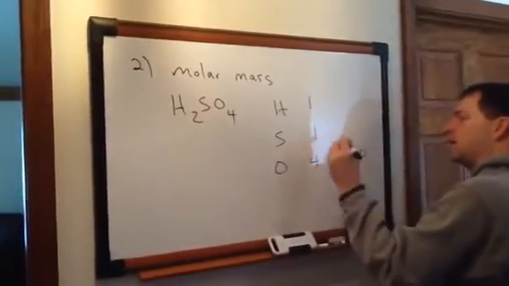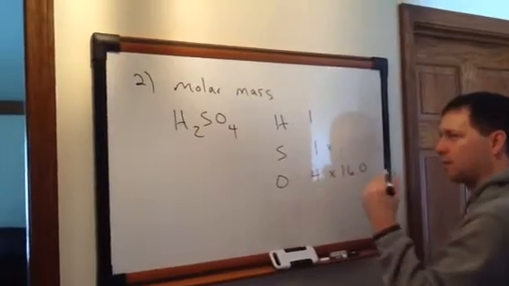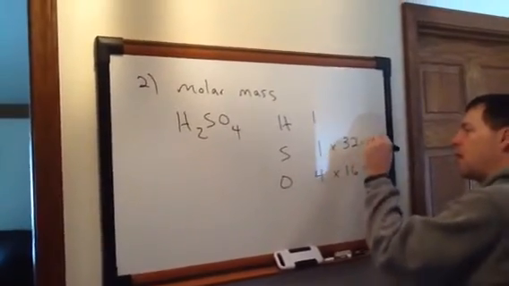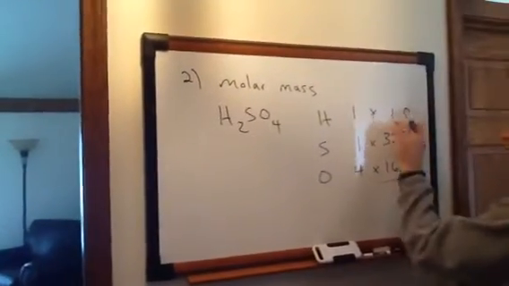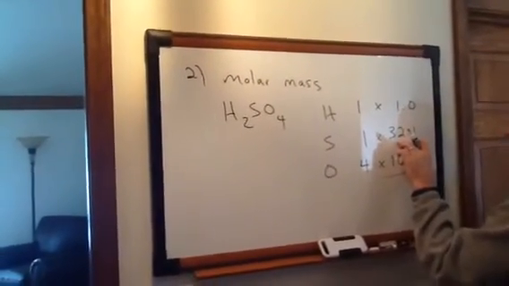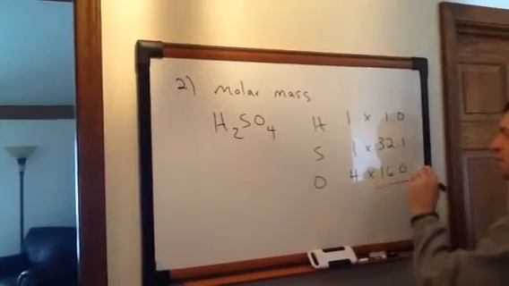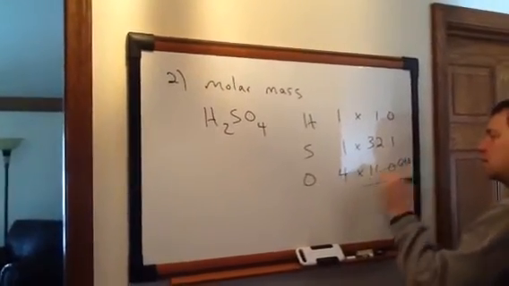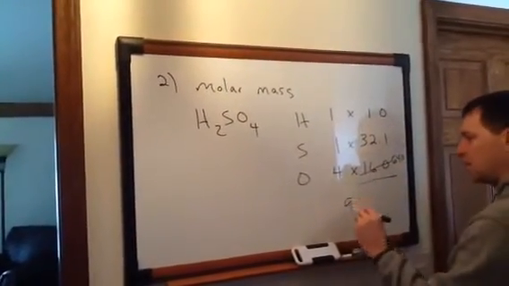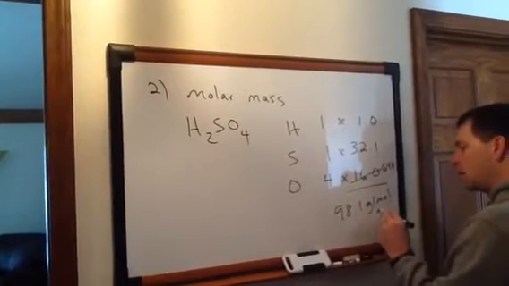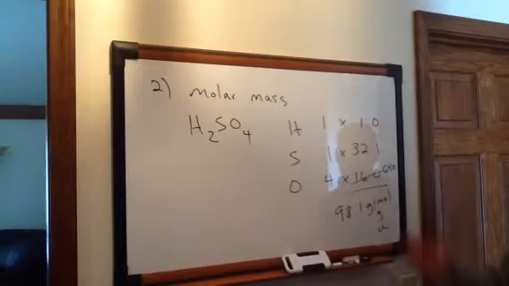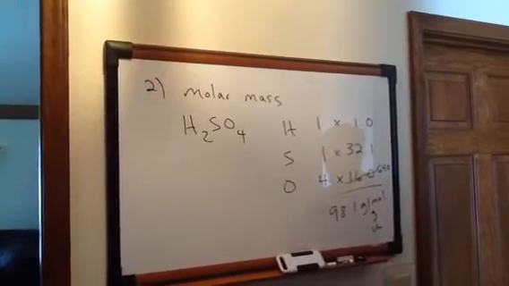Multiply that each by the atomic mass number from the periodic table. Remember to round one place past the decimal. Multiply them, add them up. 1 plus 32.1 plus 4 times 16, which is 64.0. Add those numbers up, and you get 98.1. Grams per mole, grams, or u are all acceptable units for that problem.